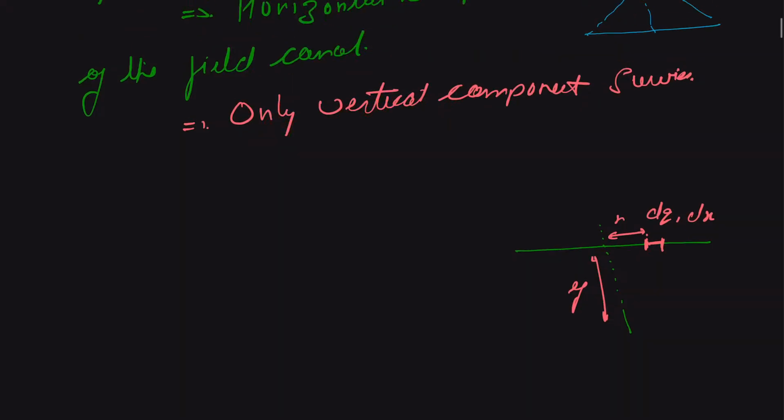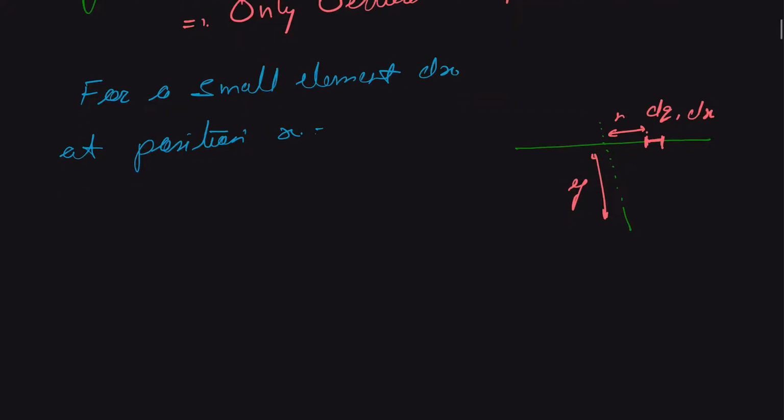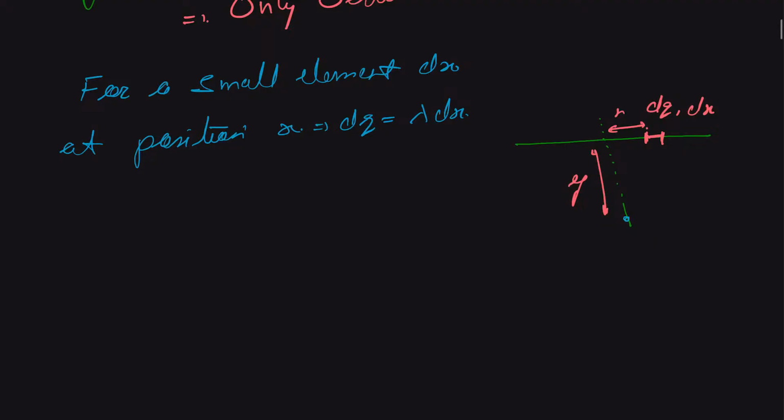Therefore we can write that for a small element dx at position x, dq will be equal to lambda times dx, and this is our point B, and so this is our distance r.